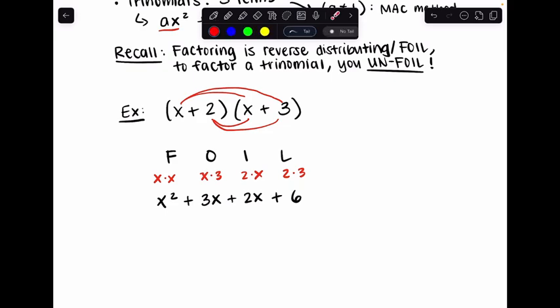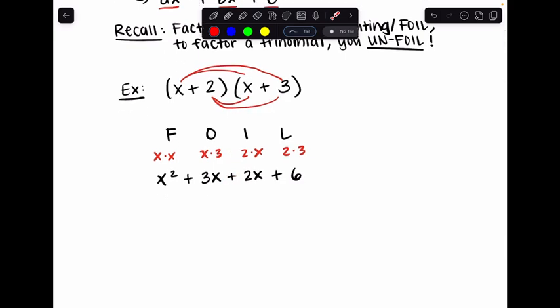So how did I get these operations in the middle? 3 times x is a positive output, that's why I have a plus here. 2 times x is a positive output, that's why I have a plus here. Again, 2 times 3 is a positive 6, that's why I have a positive here. If, for example, you had a negative 2 times x, that would change your sign to a minus instead of a plus.